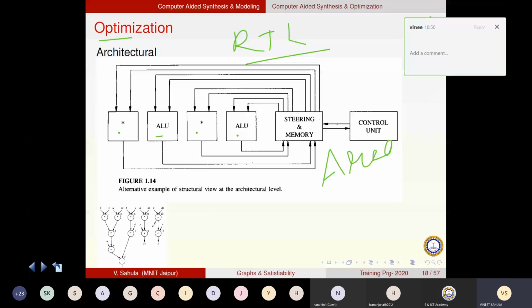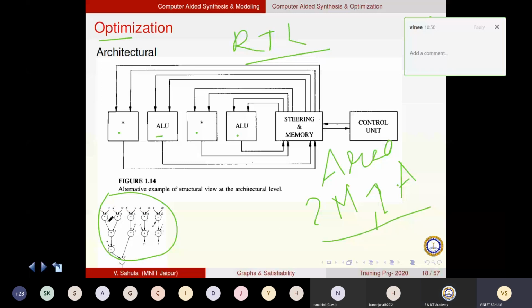The model is still the same data flow graph. A computer will change the resources to two multipliers and two ALUs, and then we'll see what is the change.